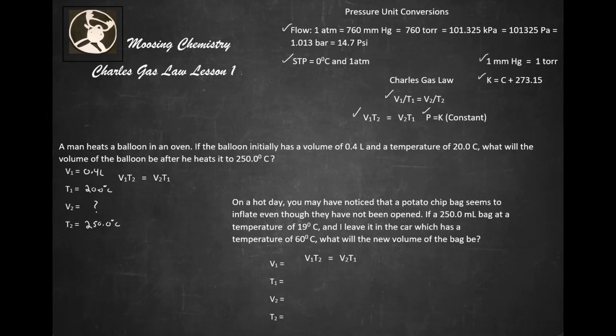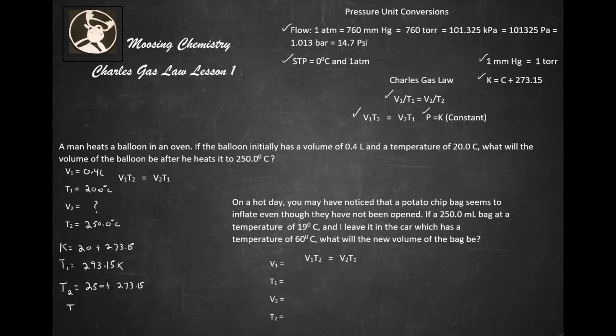Well, we can't use Celsius. We have to use Kelvin. So K equals 20 plus 273.15. So our T1 temperature in Kelvin is 293.15 K. Our second temperature, of course, is 250 plus 273.15.